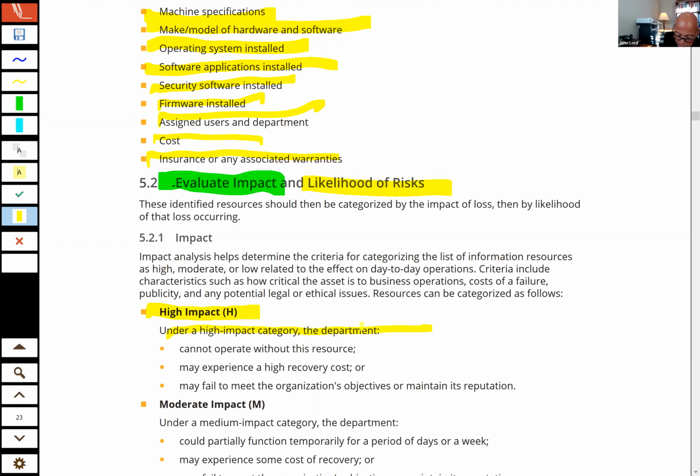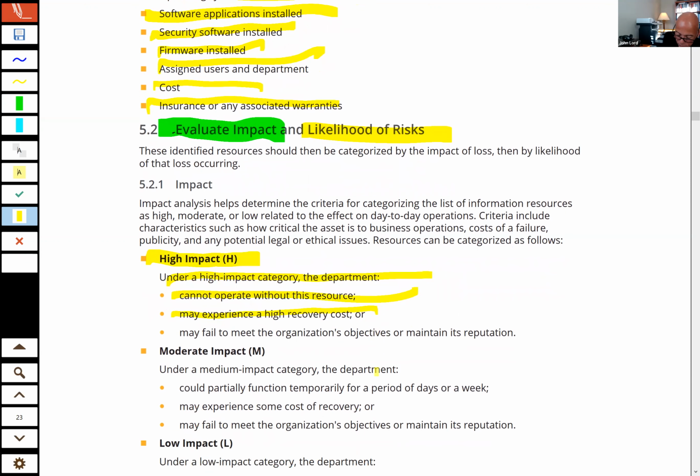High impact means that we can't operate without the resource. We may experience a high recovery cost or may fail to meet the organization's objectives, reputation, and what kind of organization are you? If you're a bank, this is a big deal. I mean, you're affecting people's ability to receive, say, their pay, and you're affecting their ability to make their home payment, house payments, all these kinds of things.